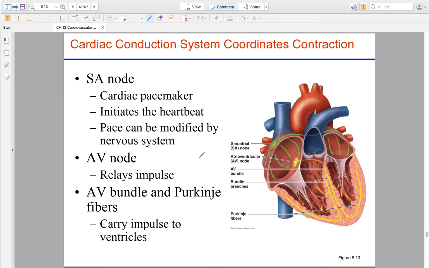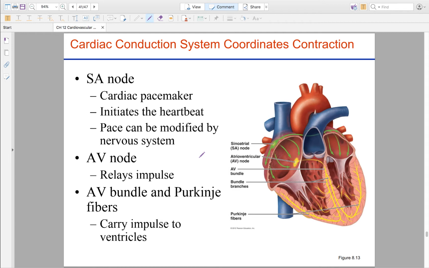Every single thing that is occurring in your body is controlled by our nervous system, including the heartbeat. And in so many words, basically, the heart receives electrical signals from the brain.